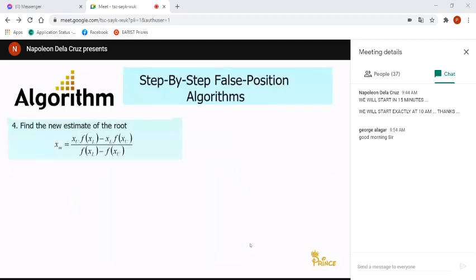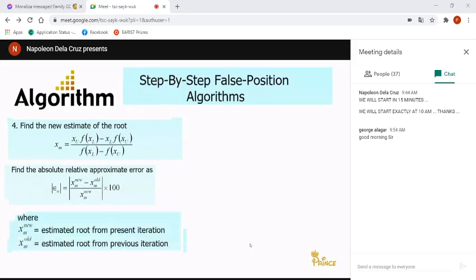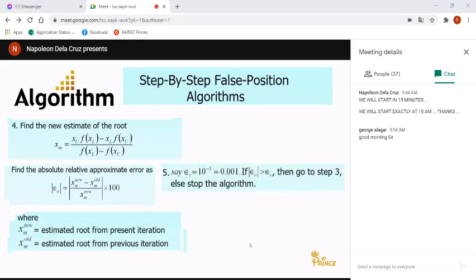Then estimate the new root, then solve for the absolute relative approximate error as follows, and so on. Yan naman ay hindi na kailangan kapag nag-converge na ang ating root. Pag nag-converge na, hindi mo na kailangan i-check pa yan.